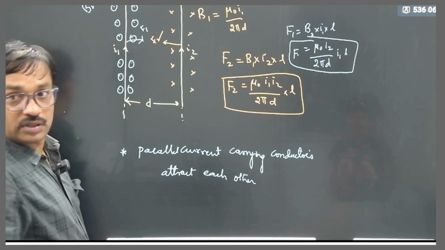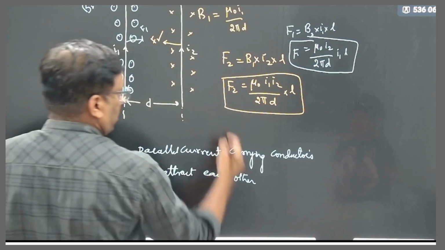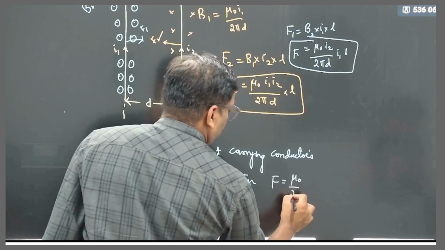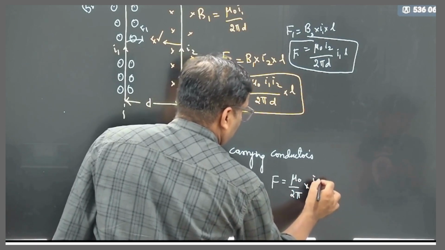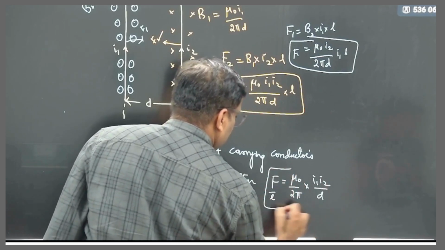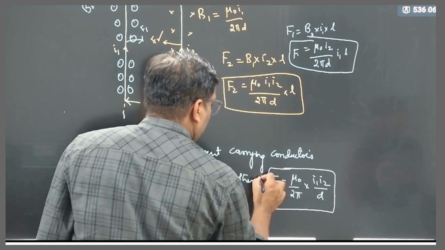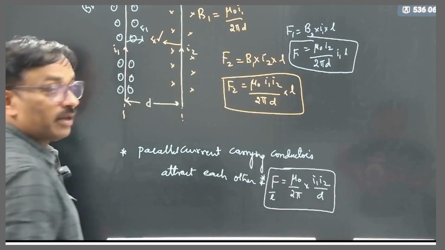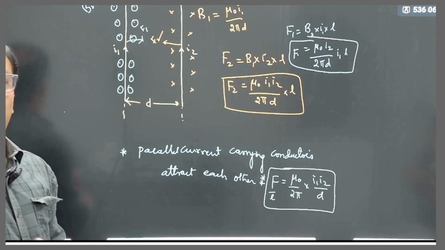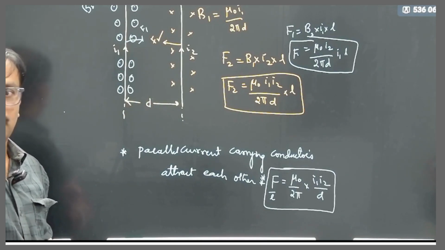The force F is equal to mu naught by 2 pi into I1 I2 by D. So the force per unit length you can rewrite as mu naught into I1 I2 by D. But here the important formula is what? Parallel current carrying conductors are going to attract each other, right?